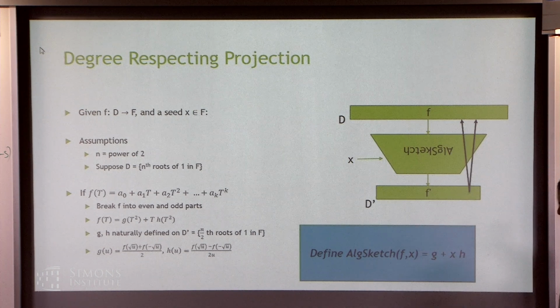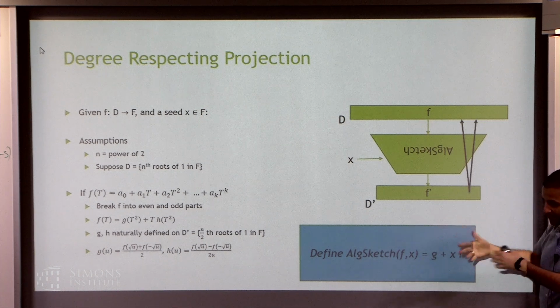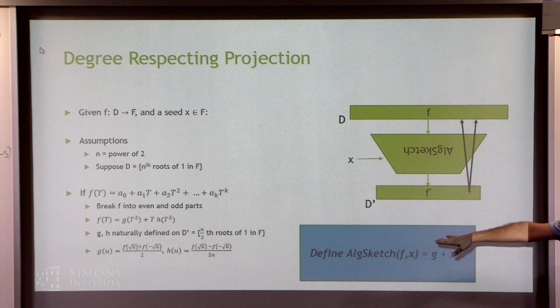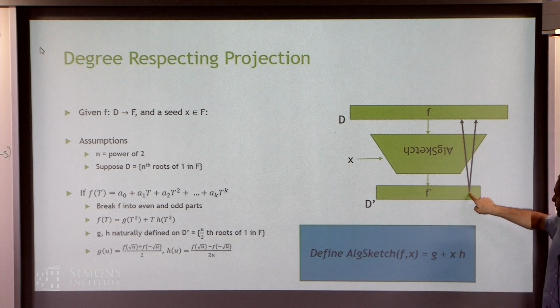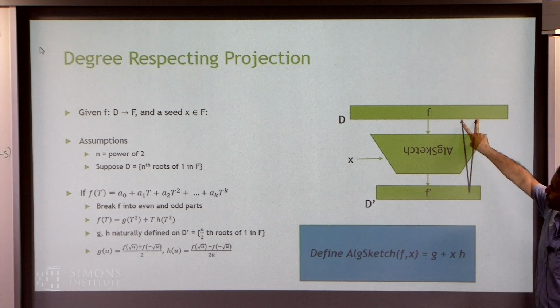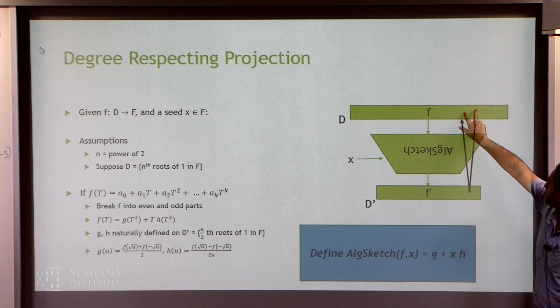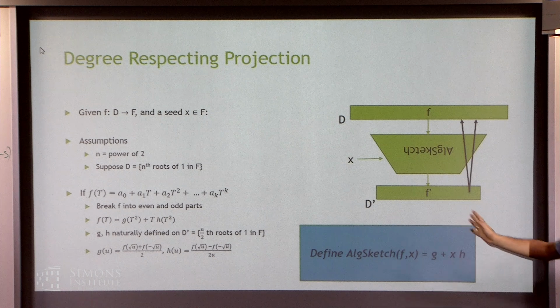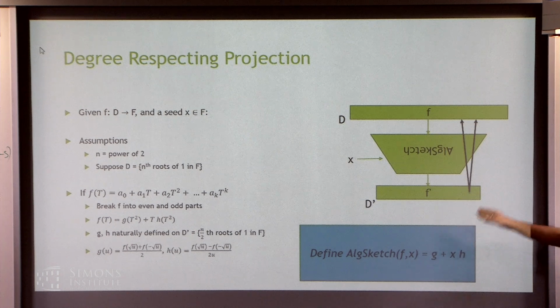You can also make this definition for any function f, even if it's not a low degree polynomial, just by this formula. At any point, if you want to evaluate at this point u, look at the two square roots of u and compute f at these 2 points and do some linear combinations with x and y. And so this is the formula. This is the algebraic sketch of f with input x. And it's clear from this that low degree polynomials go to low degree polynomials.